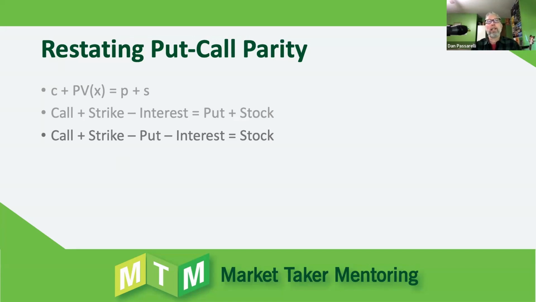Well, if I would have just bought the stock that day instead, I would have paid 100, but I would have tied up all that capital that instead is sitting in a money market account earning interest. So I'm willing to pay a little more because it saves me interest. I put that money in the bank. If the stock's below 100, then I get assigned on the put and the call expires. I'm still buying the stock at 100 plus the 10 cents that I paid for the thing.